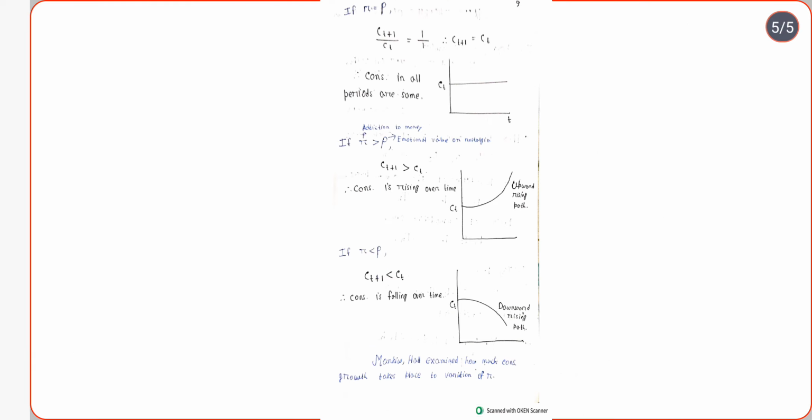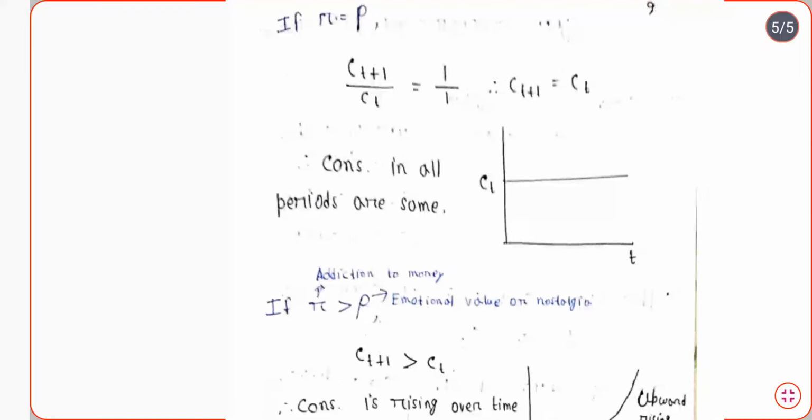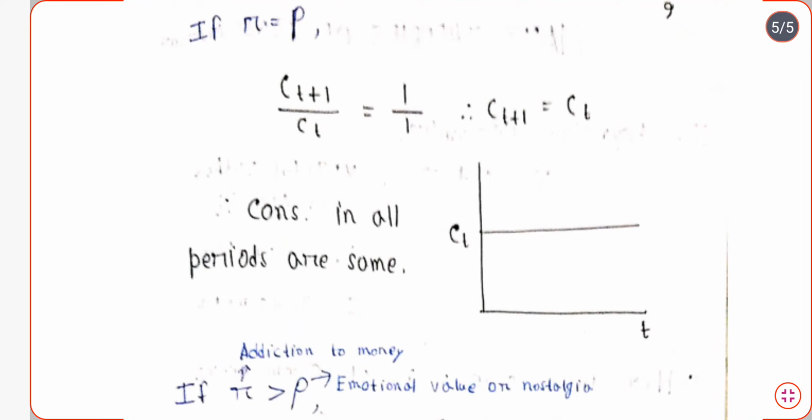So, if rho and the interest rate, that is R, and not P, it is rho, R and rho. If R and rho are same, then what will happen? If R and rho are same, then we are going to get Ct plus 1 divided by Ct is equal to 1 by 1, because R and rho are same, so both will be cancelled. So Ct plus 1 is equal to Ct.